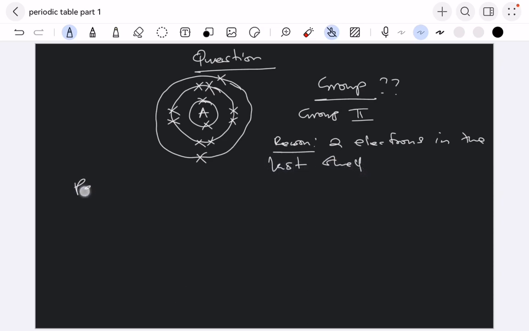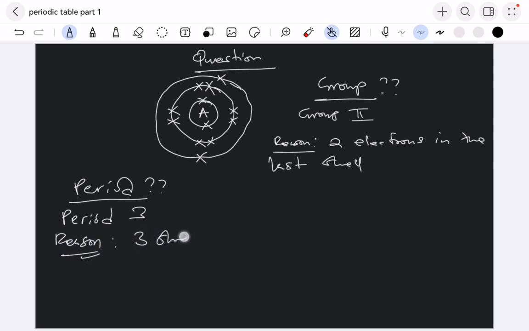Then if they're asking me about the period, to which period does this element belong? You can try, and that is correct. So it's period 3. What is the reason? Has three shells. Very good.